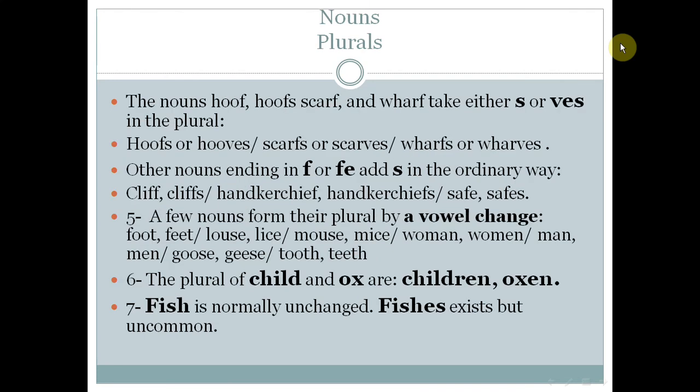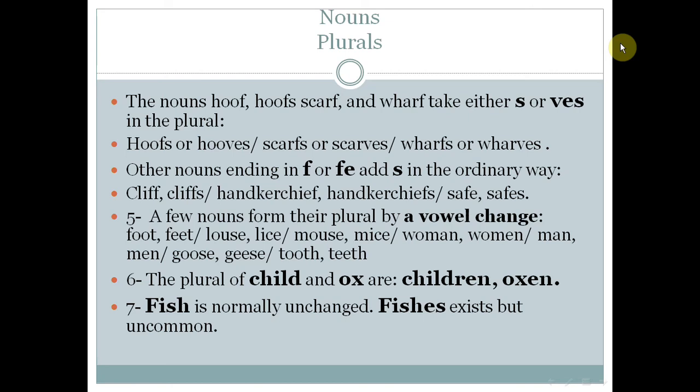Here we have nouns like hoof, scarf, and wharf, which take either S or VES in the plural. Hoofs or hooves, scarfs or scarves, wharfs or wharves. Other nouns ending in F or FE add S in the ordinary way.